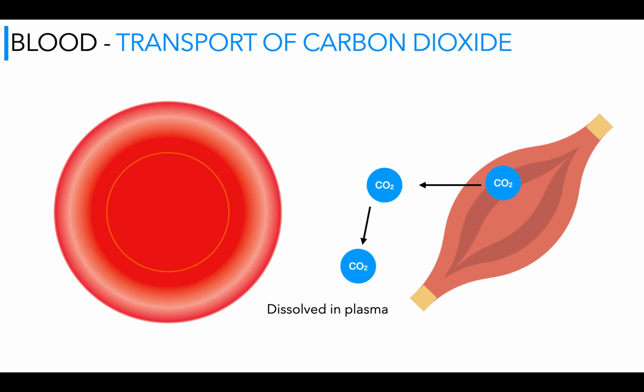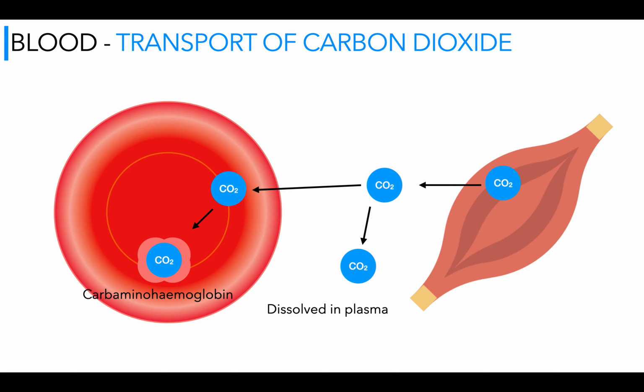The next way is within hemoglobin, just like oxygen, but not nearly as much. Around 23% of carbon dioxide will bind with hemoglobin to form carbaminohemoglobin.